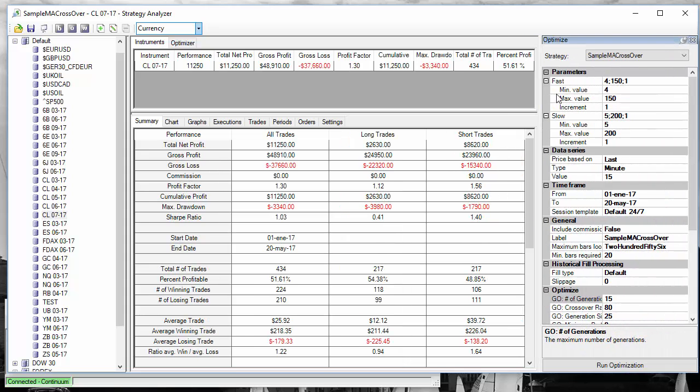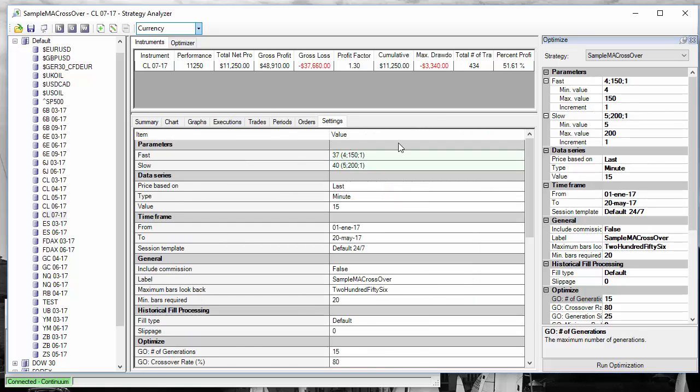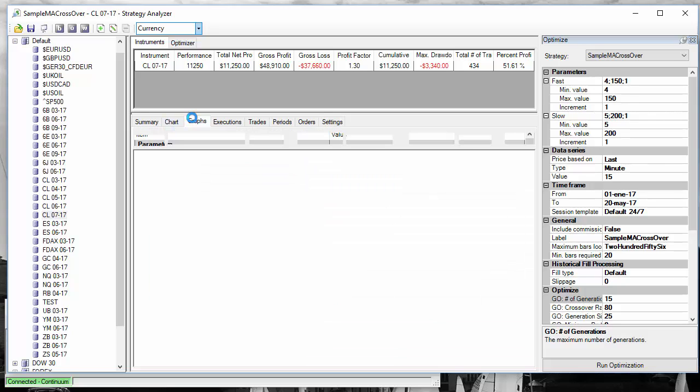The settings that we found, we are looking at two numbers here, the fast and the slow periods, and this is on the settings tab, where we can see highlighted those parameters to be optimized and the result, in this case 37 and 40. If we use these settings 37 and 40 in the future, we don't have any guarantee that it is going to work.